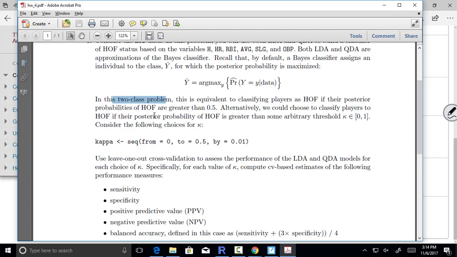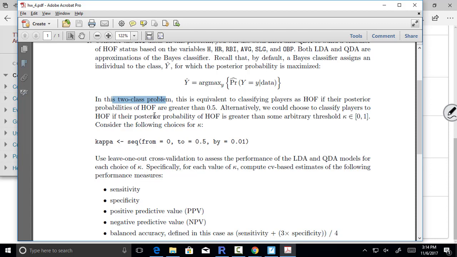If what we're going to do is compute posterior probabilities, we're going to have two posterior probabilities. For any individual, there will be a posterior probability they're in the Hall of Fame, and a different one, one minus that one, that they're not in the Hall of Fame. So the Bayes classifier, when there's just two classes, will just classify to the class that has a posterior probability greater than 0.5.